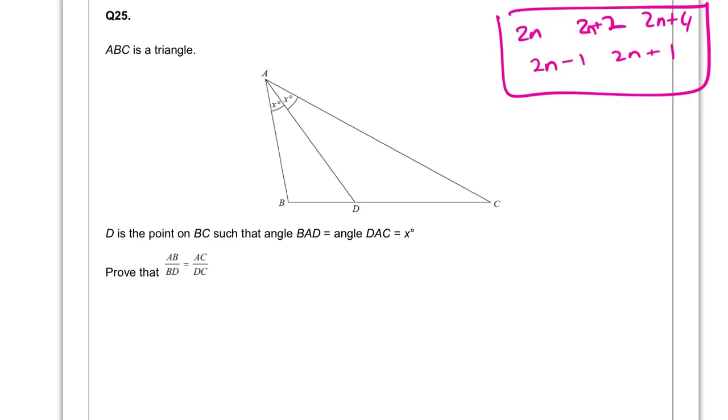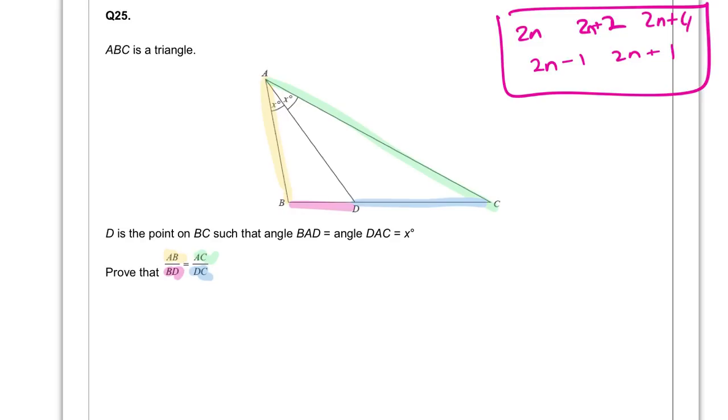This one's slightly different, and this involves your understanding of trigonometry, particularly the sine rule. So to make our lives easier, I'm going to label AB, AC, DC, BD, just so that when we're looking at them, we can see really what's going on.